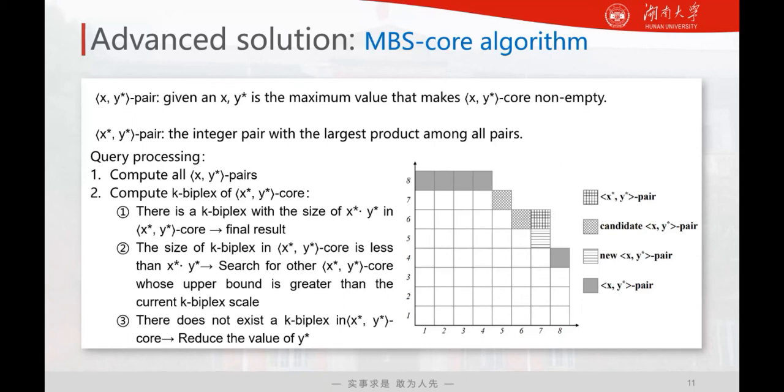If there doesn't exist a K-biplex, then we reduce y star and repeat the above steps. In this way, we only need to search a limited number of xy codes.